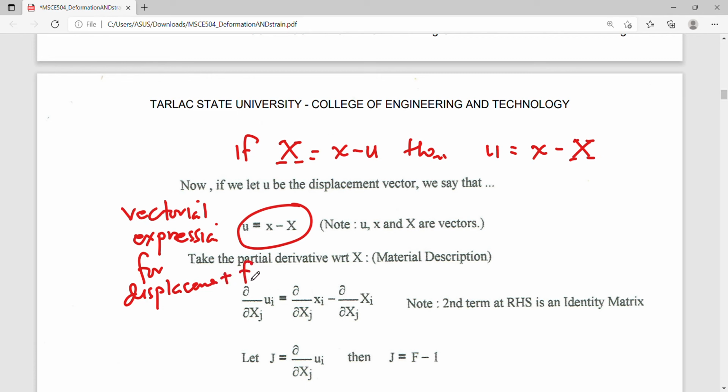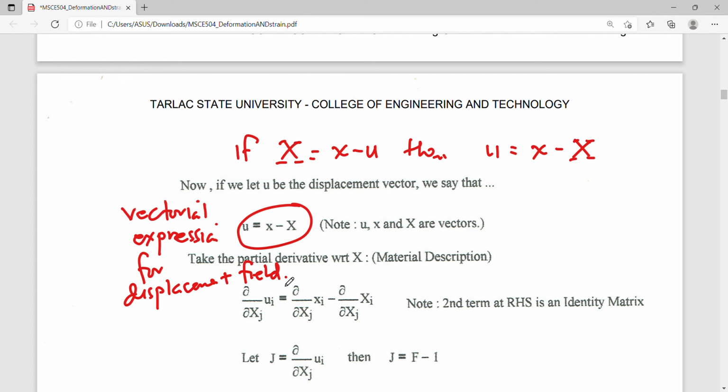You call this now a displacement field to represent a displacement vector that has a magnitude and a direction. So note u, small x and capital X are simply vectors.